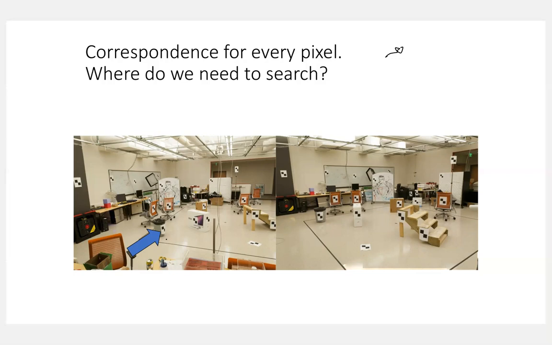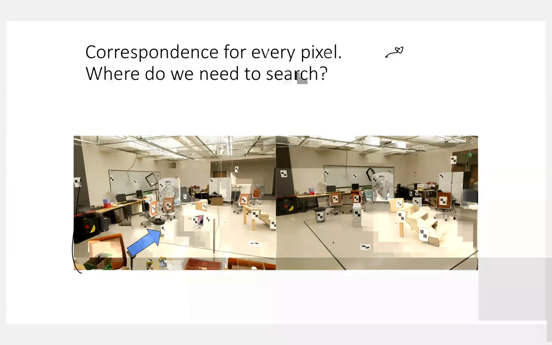The other is, after I have a scene here, I want to extract 3D information. I want to find, for each point in the scene, the corresponding location in the other scene here. So let's say I'm trying to look for this garbage bin here.